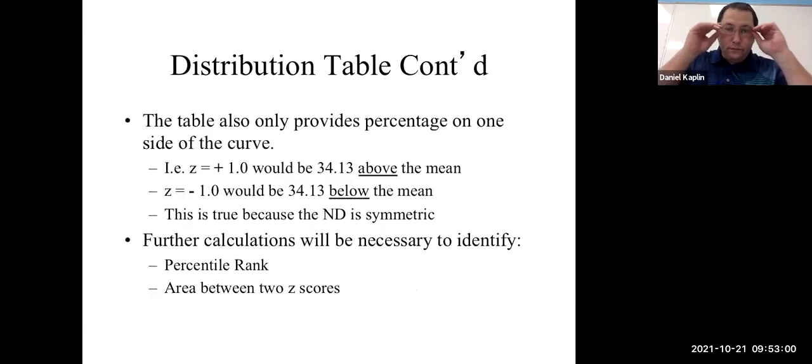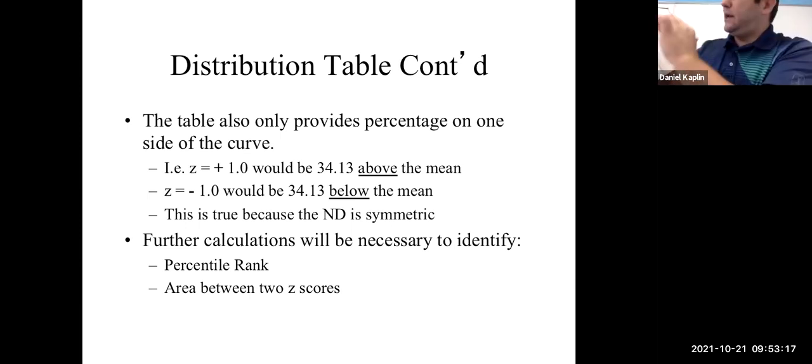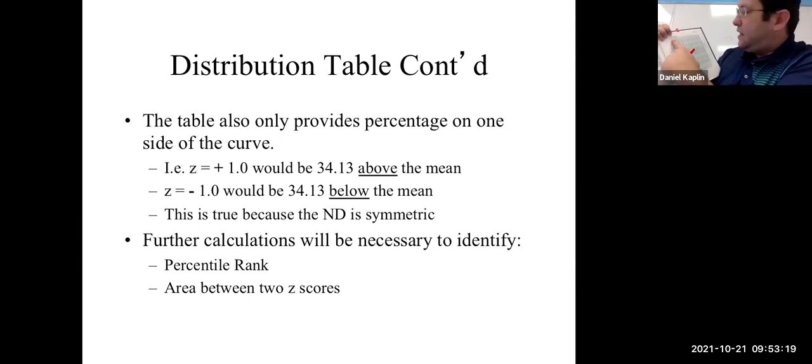So if we were to go to the table and say, okay, what would a z-score of +1 be? I go into my book and I go down to 1.0, and then 0.00.